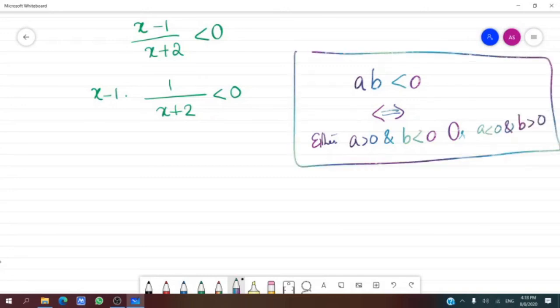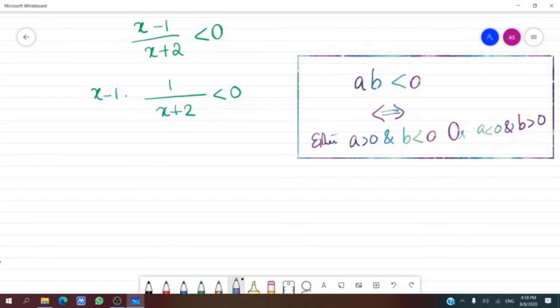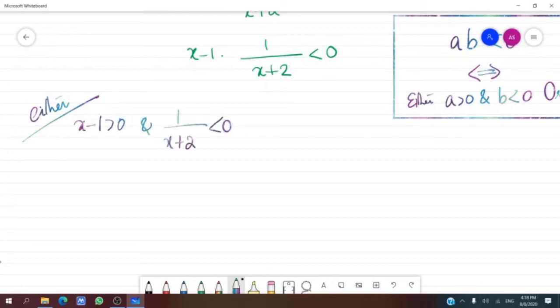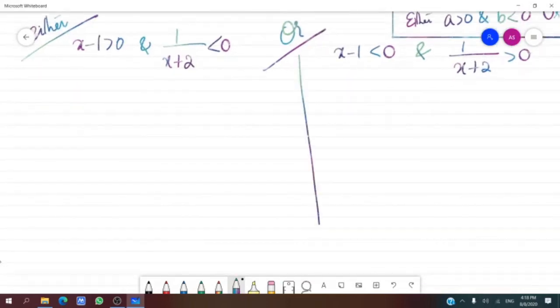So using this theorem, I can say this product is negative means there are two cases, either x minus 1 is positive and 1 by x plus 2 is negative, or x minus 1 is negative and 1 by x plus 2 is positive. Okay. So if this is true, x minus 1 is greater than 0, and 1 by x plus 2 is negative if and only if x plus 2 is negative.